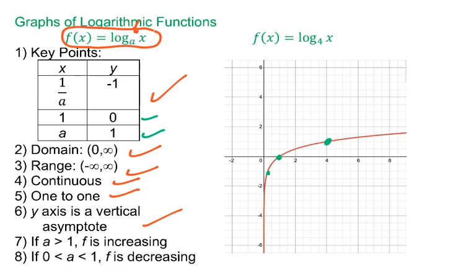And that appears to be on the graph as well. The domain is 0 to infinity. The range is negative infinity to infinity. Continuous 1 to 1, the y-axis is a vertical asymptote, and because the value of a is greater than 1, the function is increasing.